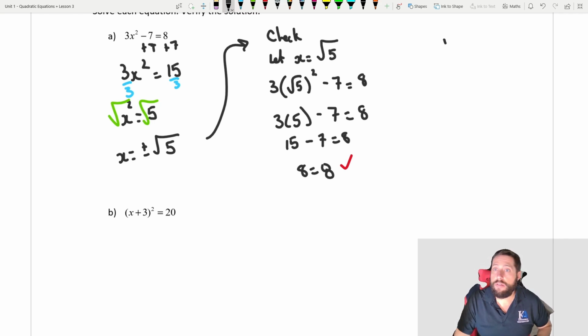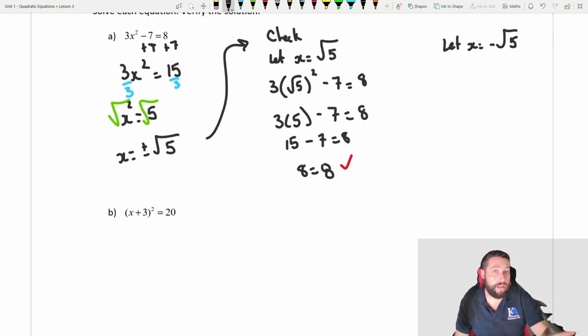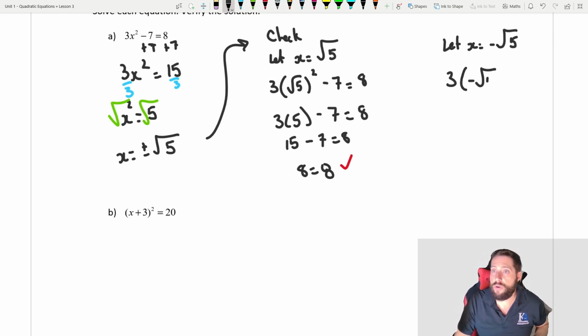And for the other check, let's let x equal the negative root of 5. There are two possible ones, positive and negative. We just did the positive one. Now we try the negative one. So this is going to be 3 multiplied by the negative root of 5 squared, minus 7 is equal to 8.